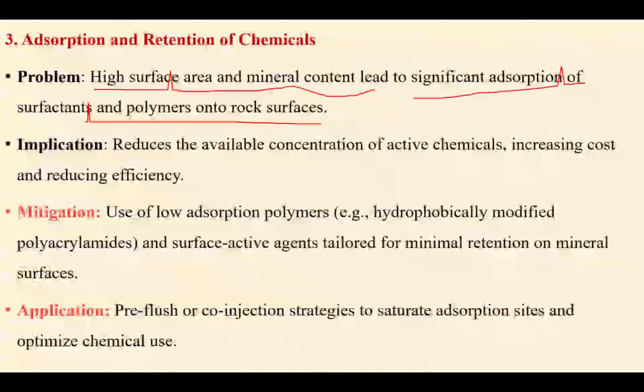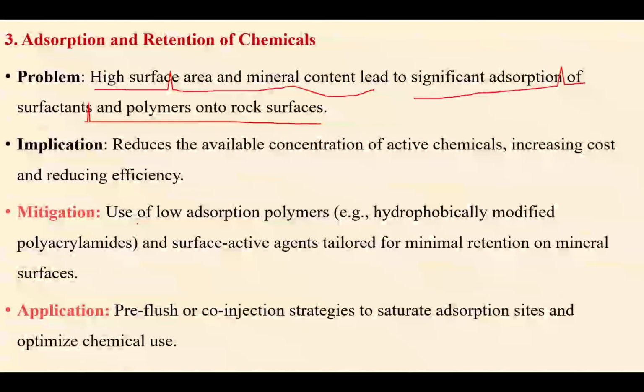So particularly when you are planning for this chemical recovery method for shale reservoir rock, you have to use some additives, or typical polymers that have very low adsorption, or additives, surfactant agents, that reduce the adsorption of the polymers or surfactants.